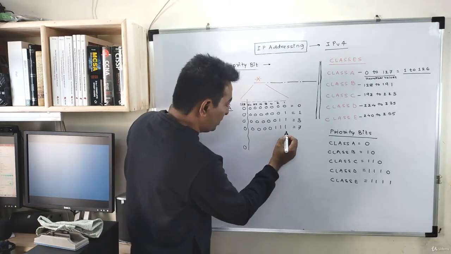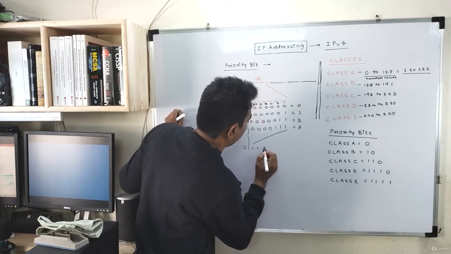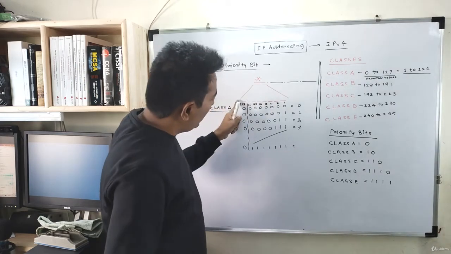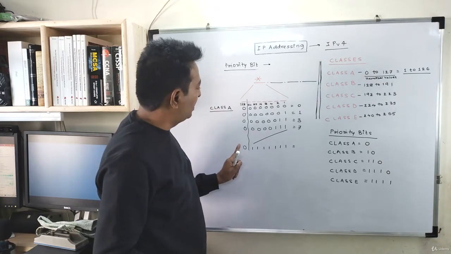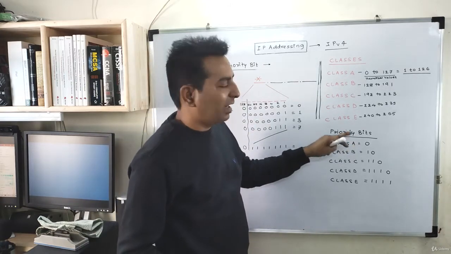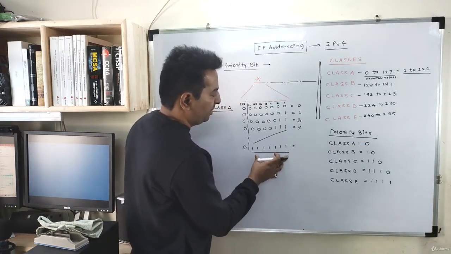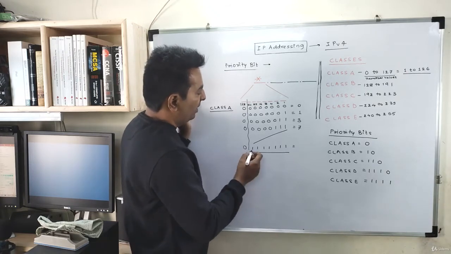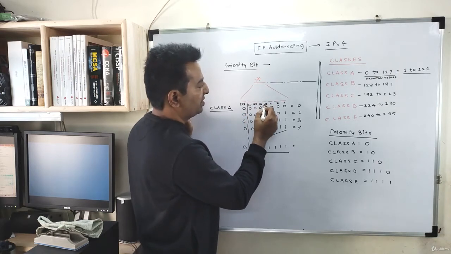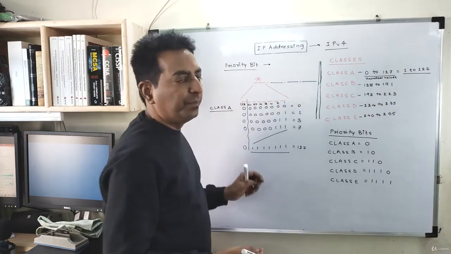Now if you go to the end of this range, you can turn all the other zeros into 1, but you cannot change the first bit, that is the priority bit for class A. That is why we have set the priority bit for class A as 0. So friends, if all of these bits become 1, then you will have to add all these values. If you add 64, 32, 16, 8, 4, 2, 1, the theoretical value is going to be 127.